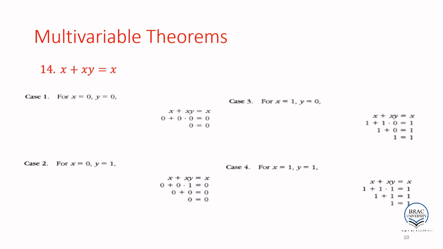Similarly, for x equals 0, y equals 1, the left hand side and right hand side are equal, which is 0. For x equals 1, y equals 0, the left hand side is 1 and the right hand side is 1. For x equals 1, y equals 1, the left hand side is 1 and the right hand side is 1. So you can see for all four cases, the left and right hand sides are the same. That means x plus x y can be written as x, which is correct, or this is proved.